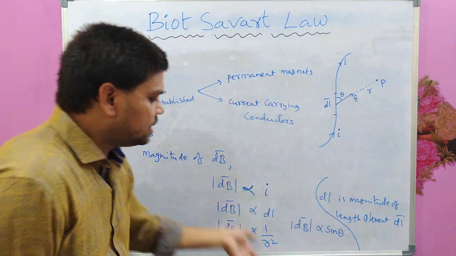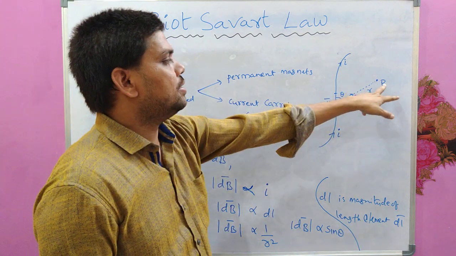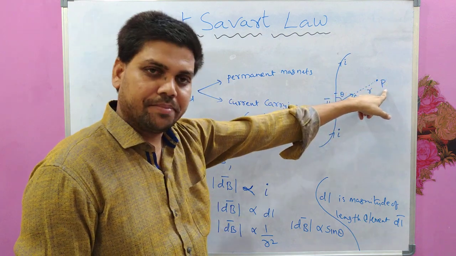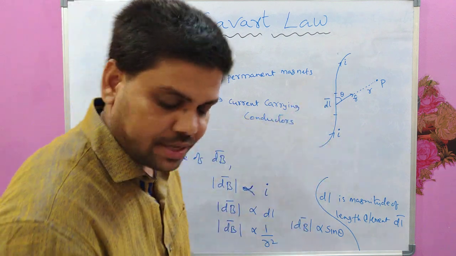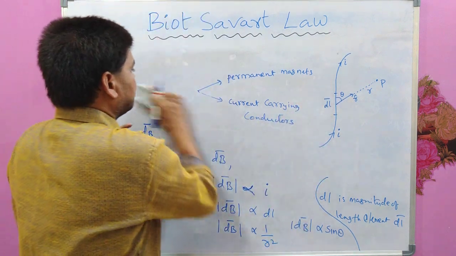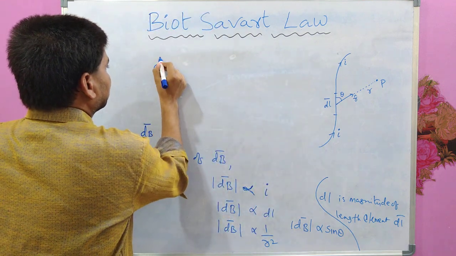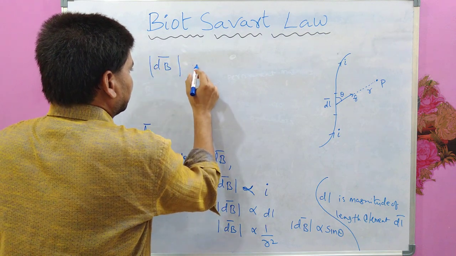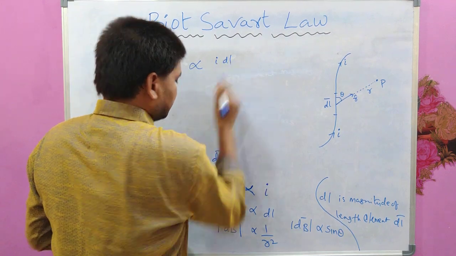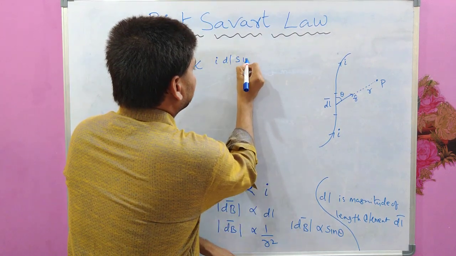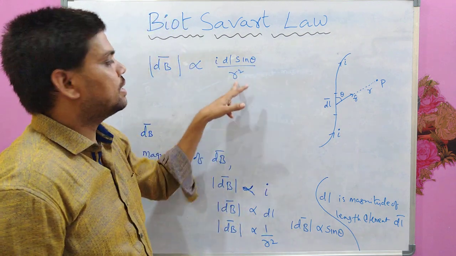If we combine all these 4 points regarding magnitude of the magnetic field dB at point P due to a small length element dl bar, we can arrive at a formula: dB, the magnitude, would be proportional to I dl sin theta by r square.